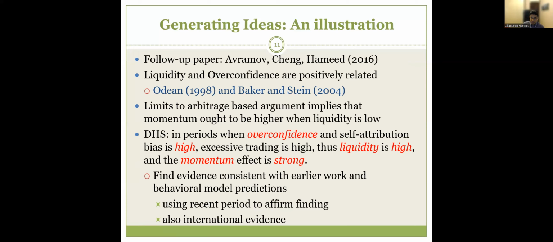And we also use international data to show that the results are more universal. So this is kind of filling the gaps in the literature by looking at different ways of testing the academic or financial theory that has been proposed.